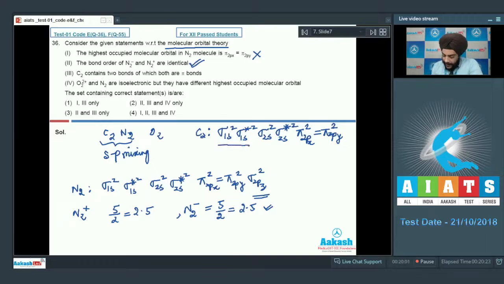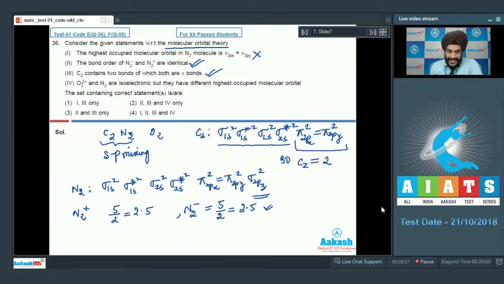So these bonding and anti-bonding electrons will cancel out each other, and the bond order of C2 will be equal to 2, and it has 2 bonds out of which both are pi bonds. So this statement is also correct.